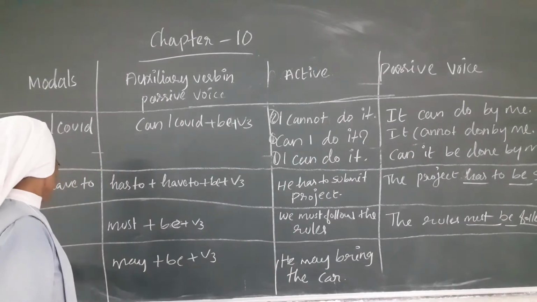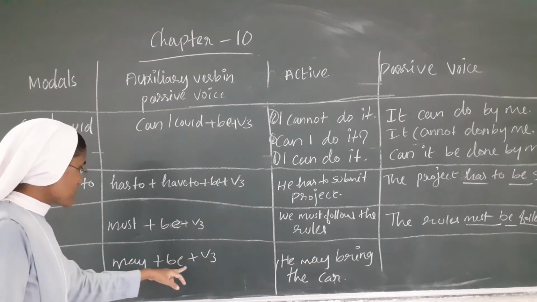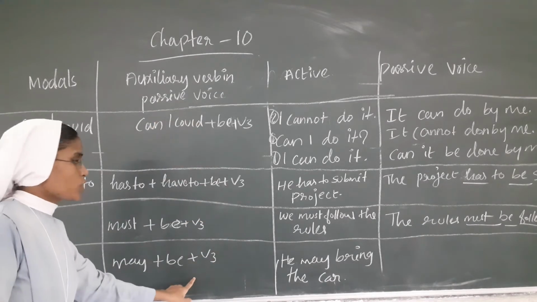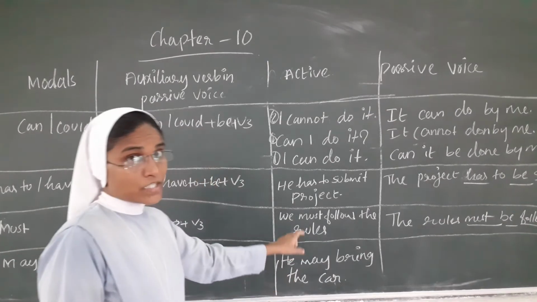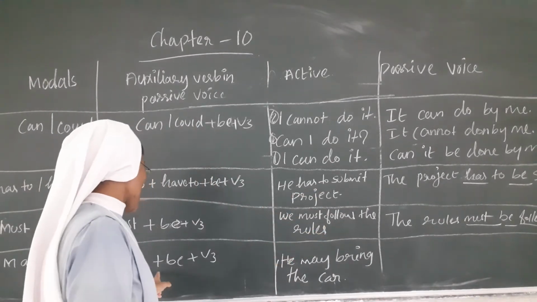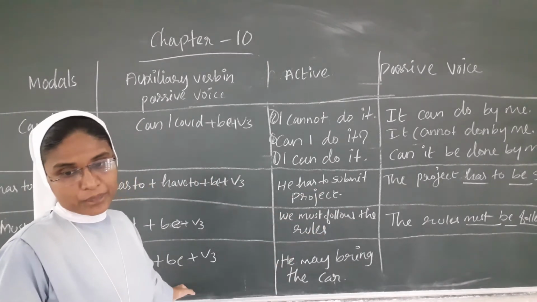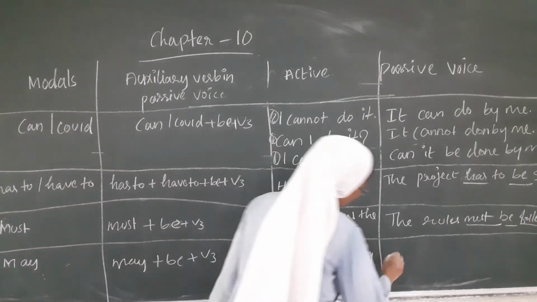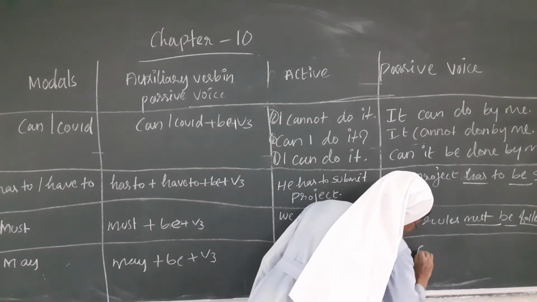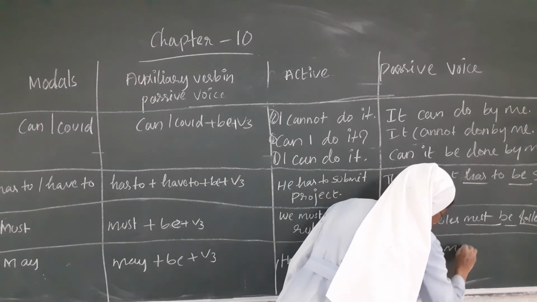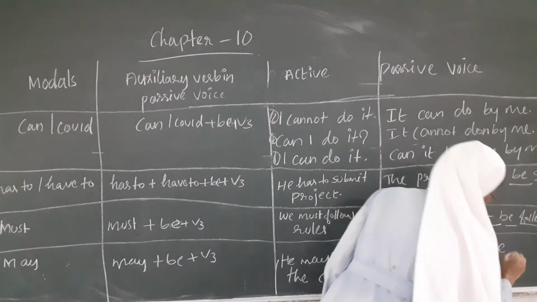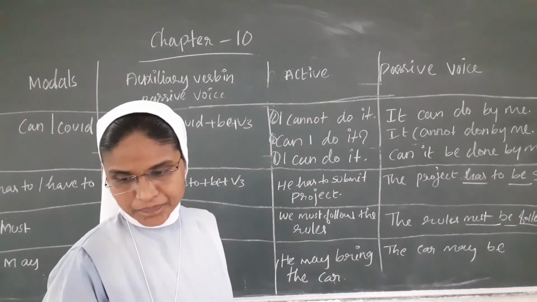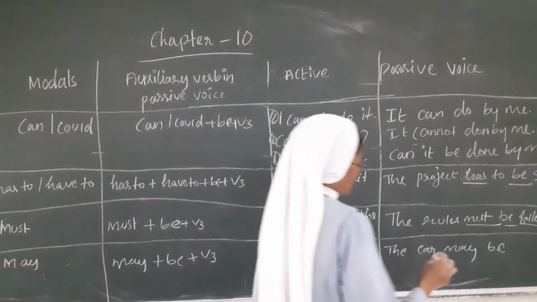The next one, may plus be plus verb 3 in the passive voice. So the active voice sentence should be changed into the passive voice according to this rule. So the car may be brought by me.